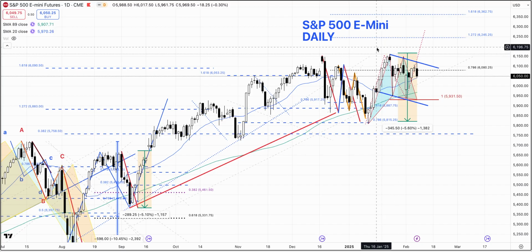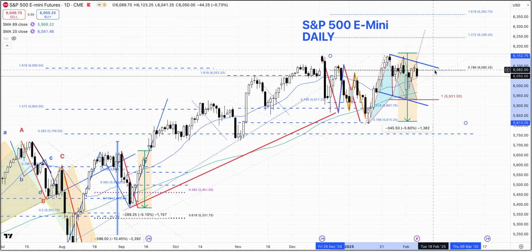So you can see 1 2 3 4 5, 1 3 5, a descending channel formation. Market closed below the 78.6% retracement. Key remains the 3rd of February low, because that is point C for us. And then on the futures, we could see 62.45, maybe even as high as 63.60 or 63.50 roughly as well.